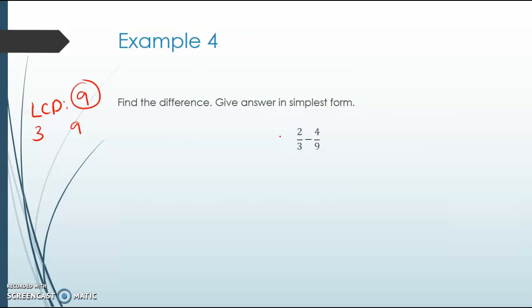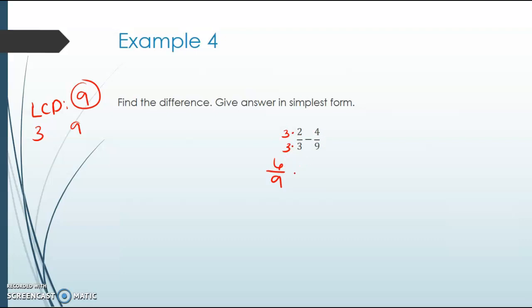So then when I'm looking at this 2/3, I know that to get my least common denominator of 9, I have to multiply the 3 by 3. So if I multiply the denominator by 3, I have to multiply the numerator by 3. So 3 times 3 gives us 9. And then 3 times 2 is 6.